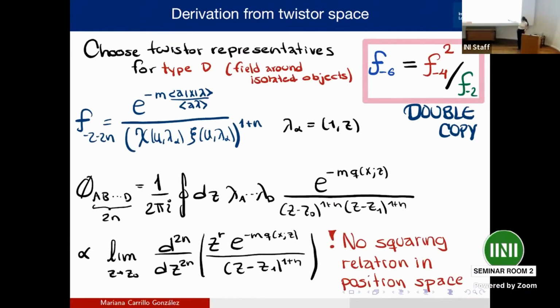Picking this specific representative, at least, you would not get a simple squaring relationship in coordinate space. What this exact solution corresponds to, I haven't checked explicitly if it comes from my dimensional reduction, which might as well do.